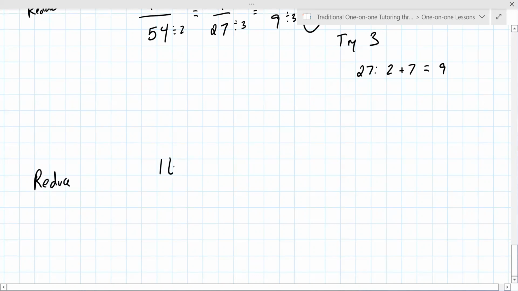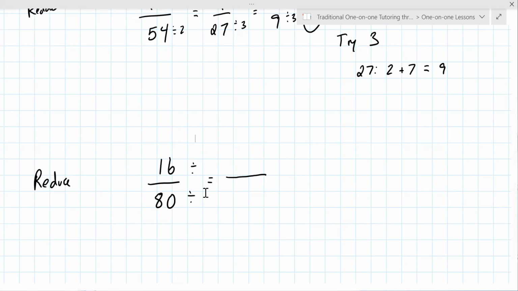So let's try one more here, something like 16 over 80. Do you have another idea for how to reduce this? I heard in the last one that you try to find a number that goes into both. Oh, yeah, that's why I was confused. I was finding the number as if I was trying to change the denominator, the lowest one they both go into, not the lowest one they can both divide into evenly, if that makes sense.